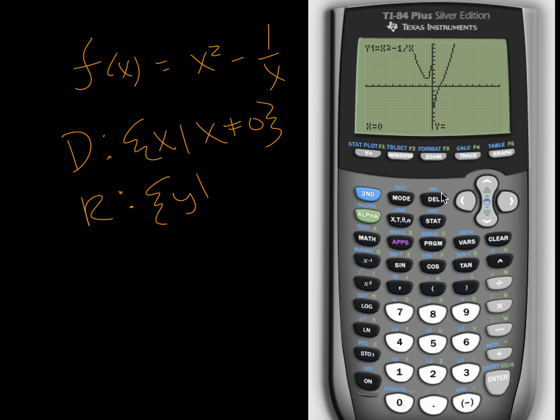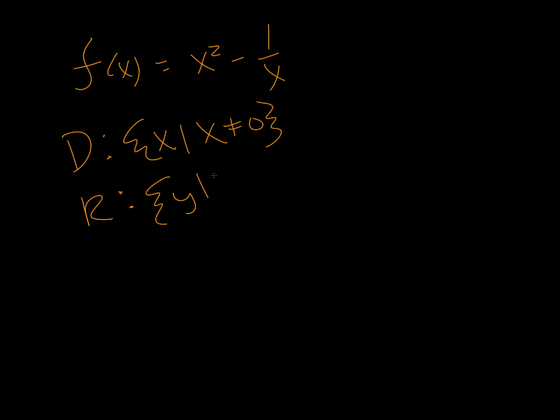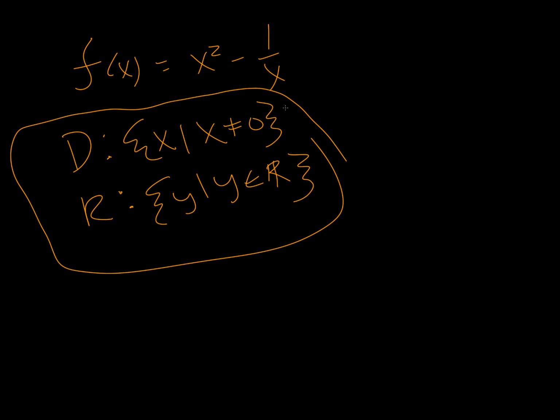Now, if we're looking at the range, it goes all the way up here, comes down, goes all the way up. So the positive part is taken care of. This swoops down and takes care of everything. And so our range is actually all real numbers. And that's our domain and range part.